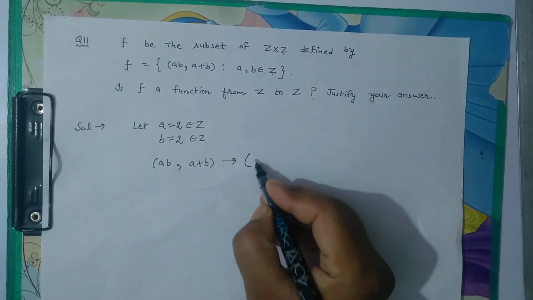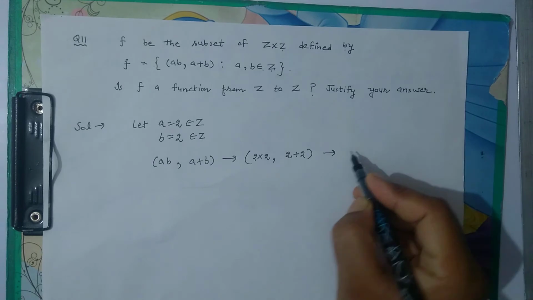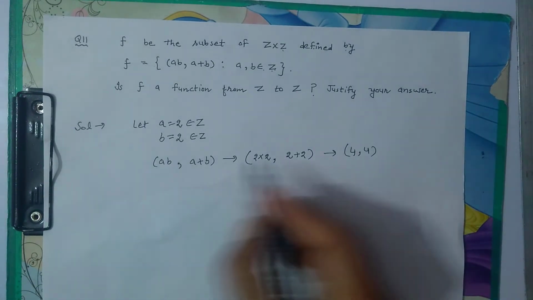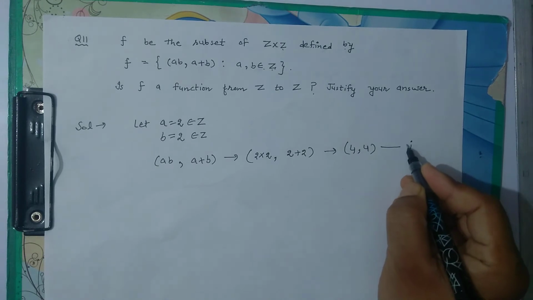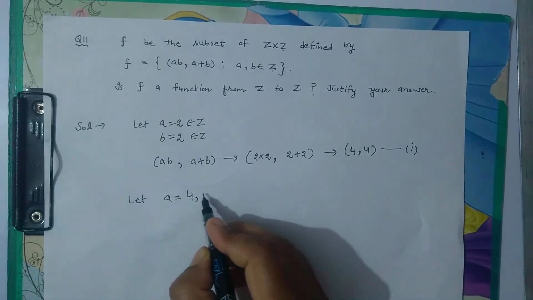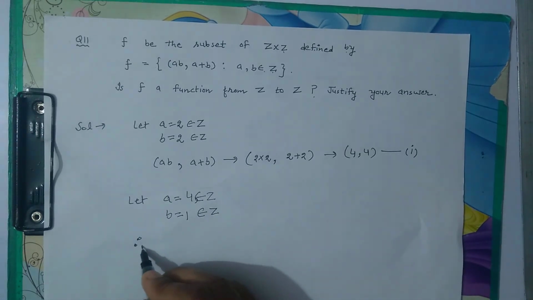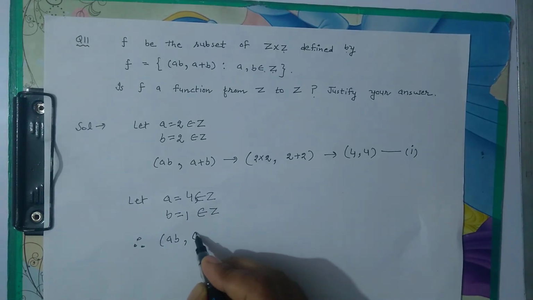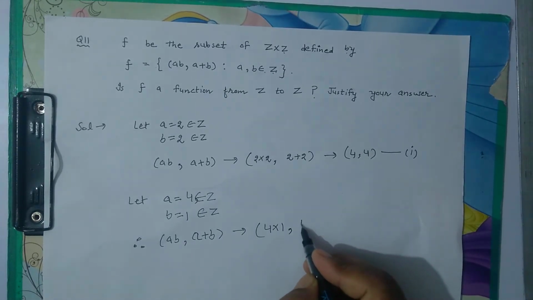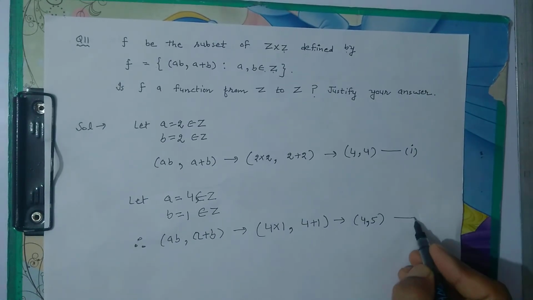Let a = 2, which belongs to Z. b also take equal to 2, which belongs to Z. Now (ab, a + b) means (2×2, 2+2), that is (4, 4). Say this is case 1. Now let a = 4, which belongs to Z, and b = 1, which belongs to Z. So (ab, a + b) means (4×1, 4+1), that is (4, 5).